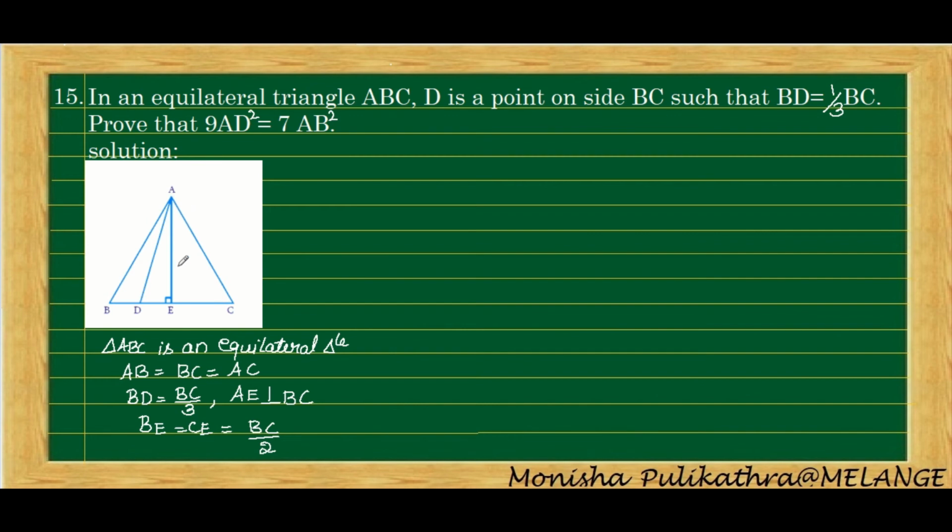Next we have to take this triangle, ADE triangle. So in triangle ADE, E is equal to 90 degree, then the hypotenuse will be AD, right?